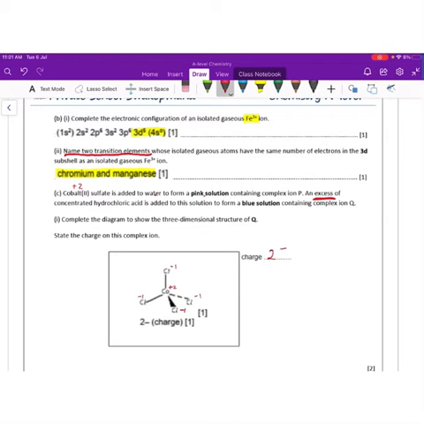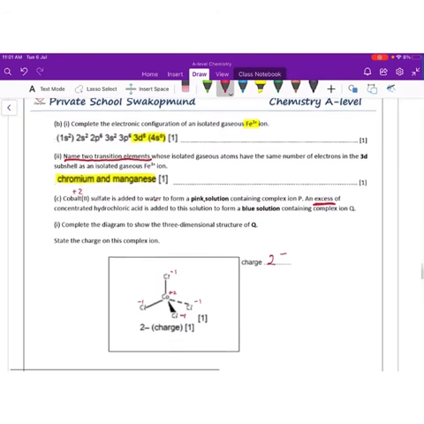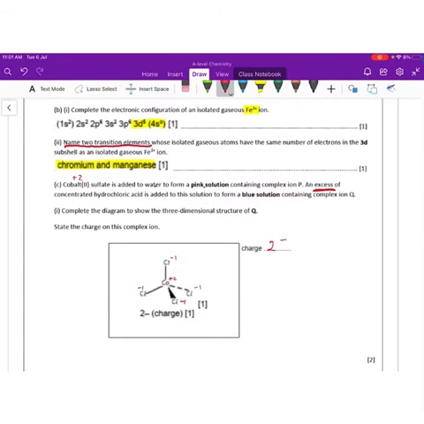Okay, so it's cobalt, and we are going to exchange my water molecules with chloride ions. Remember, chloride is a larger ligand, so you can only fit 4 around it.